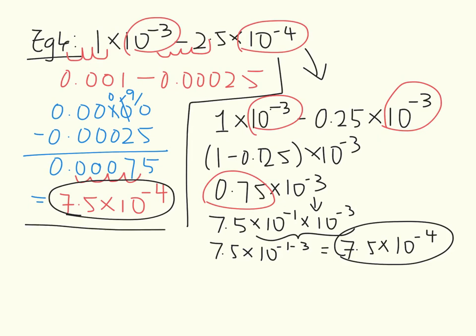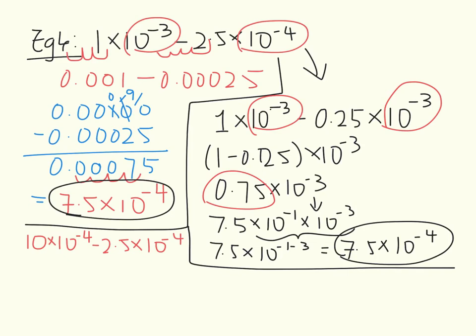Can we also rewrite both numbers as 10 to the exponent of negative 4? So for the first number, to write it as 10 to the exponent of negative 4, I'm decreasing the exponent by 1, so I can increase the coefficient by 10. So it's 10 times 10 to the negative 4 minus 2.5 times 10 to the negative 4.